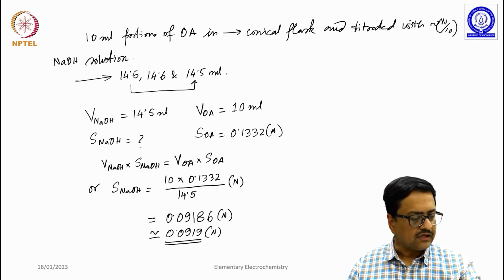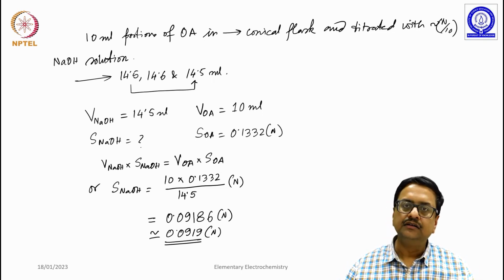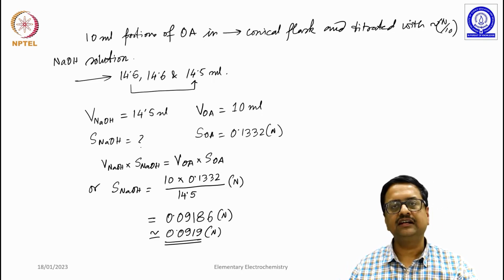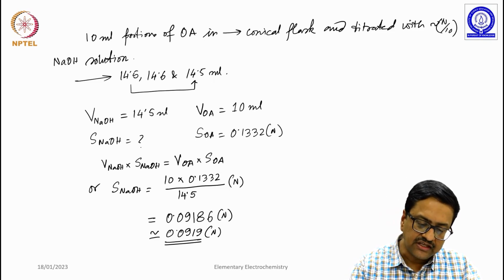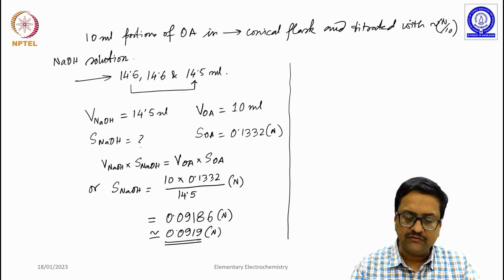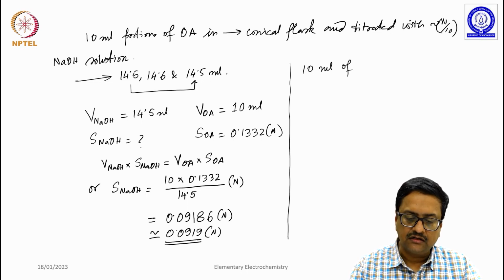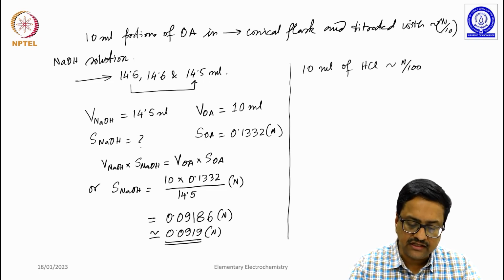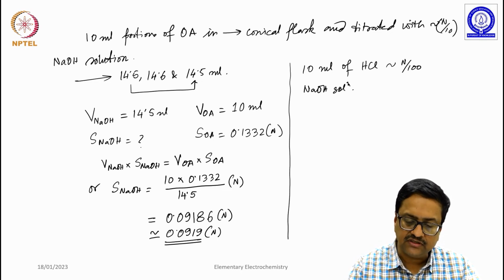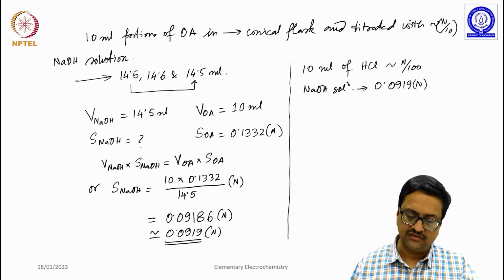Now, if you remember, we have collected a large number of data points using the potentiometric titration, where we have taken 10 ml of HCl solution of approximate strength N by 100 and then we titrated it with the NaOH solution of strength, which we now determine to be 0.0919 normal, which is approximately 10 times stronger.